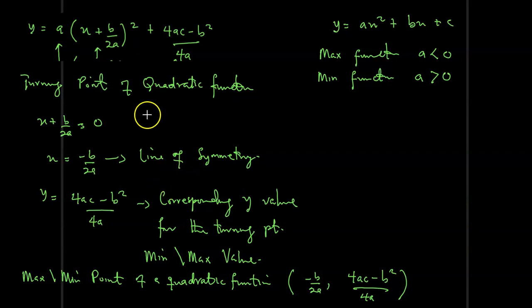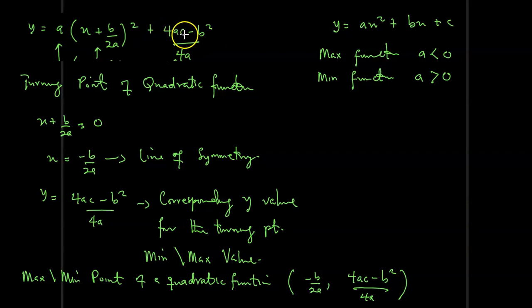But as I said, today we are learning how to write any quadratic function from the standard form into the vertex form. And we found out that the vertex form is given as y equal to a into bracket x plus b over 2a all squared plus 4ac minus b squared over 4a.